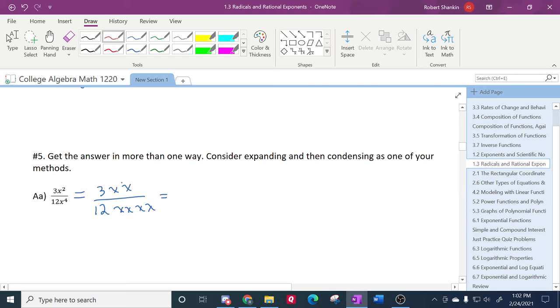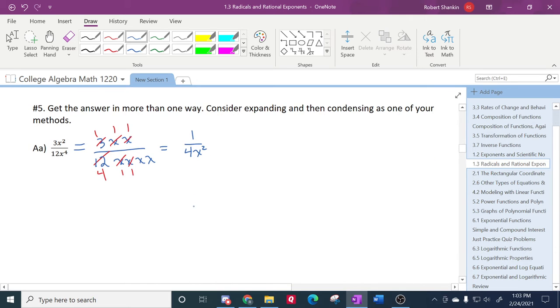And then divide this by 3, divide this by 3, divide this by x, divide this by x, divide that by x, divide this by x. And then these all get multiplied together. 1 times 1 times 1 is 1. And then we're left with 4x squared down at the bottom.